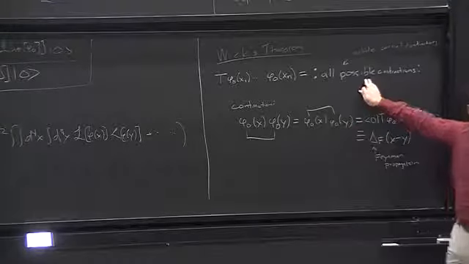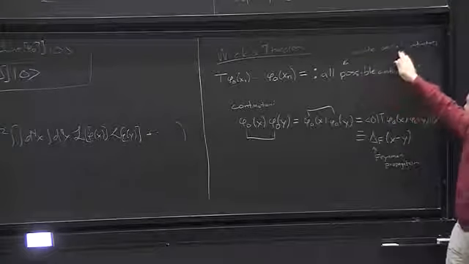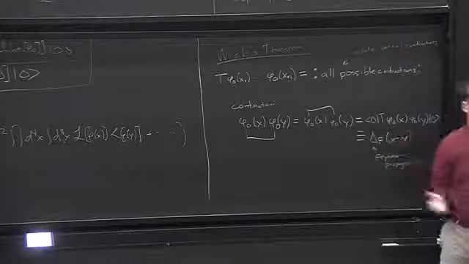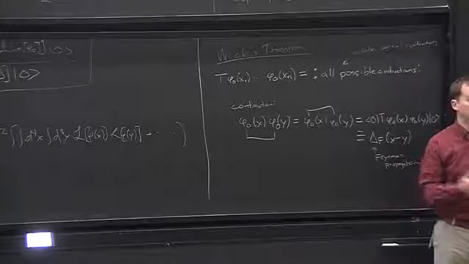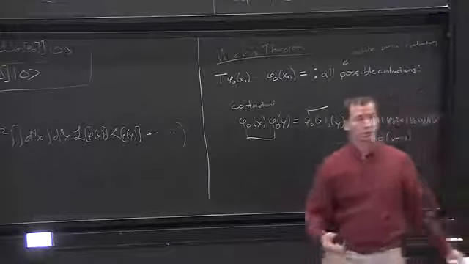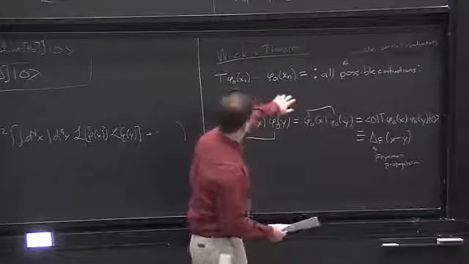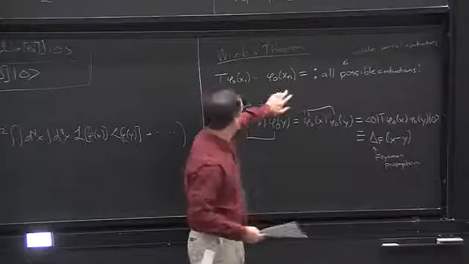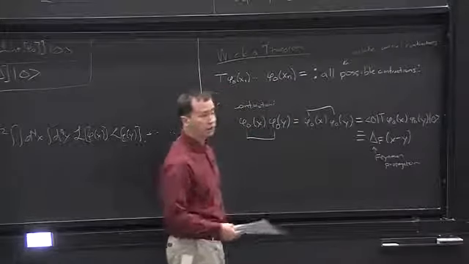So all possible contractions here means this includes terms that are completely contracted or not contracted at all or anything in between, so contracting anywhere between 0 and n over 2 pairs of fields if n is even.